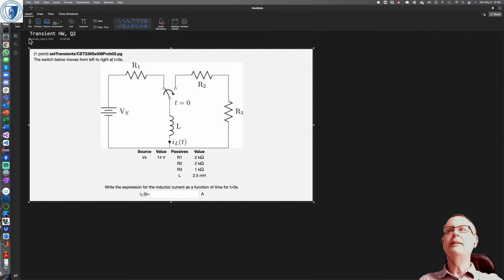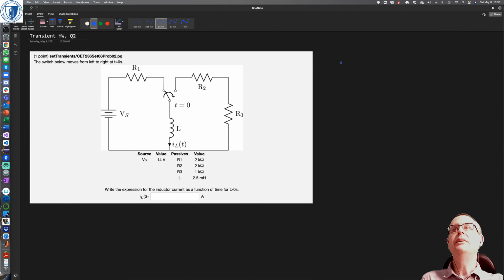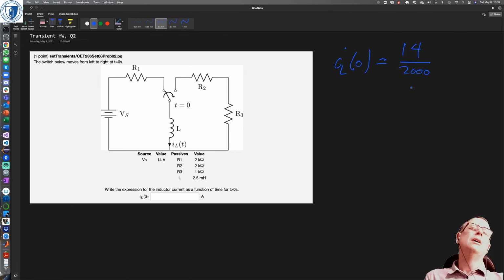Okay, so as I said, the initial current, IL at 0, is just going to be the voltage, which in this case is 14 volts, divided by R1, which is 2000. So that's about 7 milliamps. And then when we swap over, we've got no power supplies.